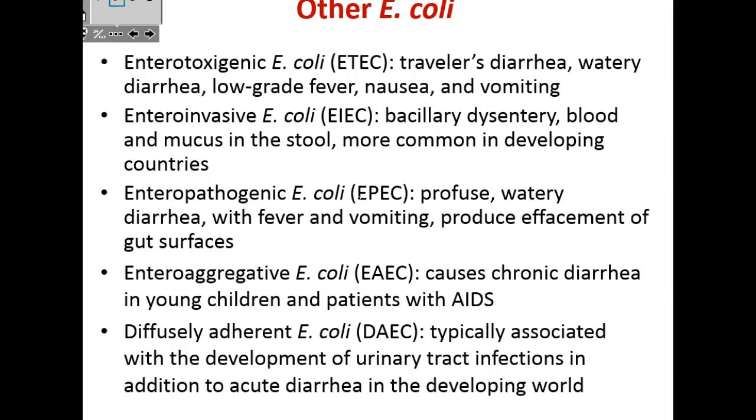Okay, we have other E. coli. Enterotoxigenic E. coli: traveler's diarrhea, watery diarrhea, low-grade fever, nausea, and vomiting. Enteroinvasive E. coli is bacillary dysentery, blood and mucus in the stool, more common in developing countries.